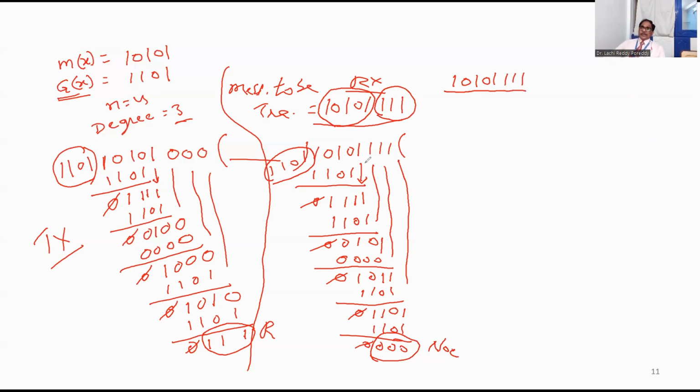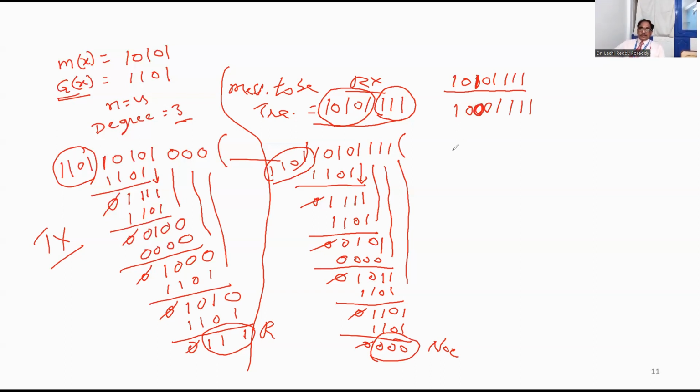Let us take some error is there. Suppose this 1 is not received correctly. Say that maybe say 0. This 1 is also 0, 0, 1, 1, 1, 1. So this is wrongly received 0.